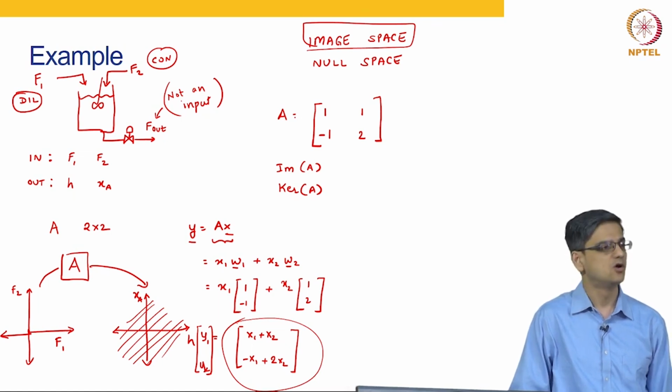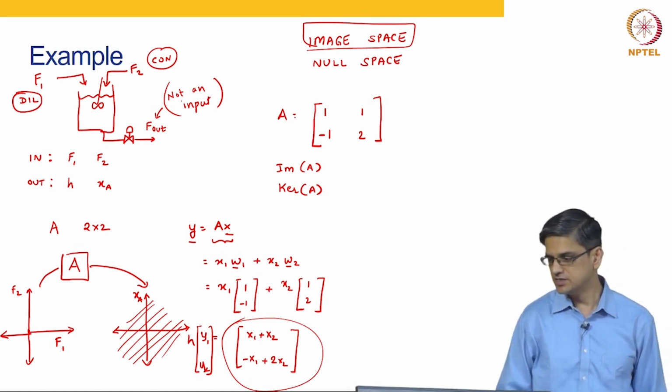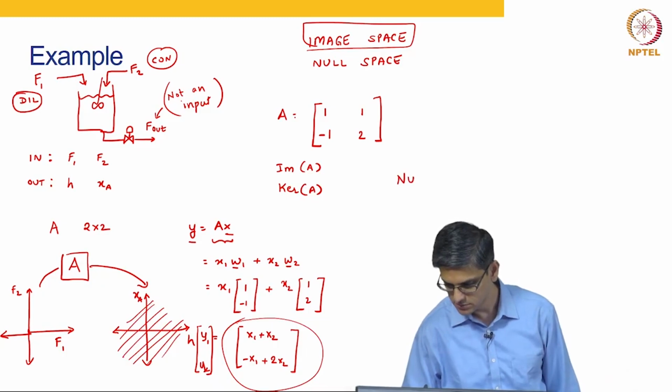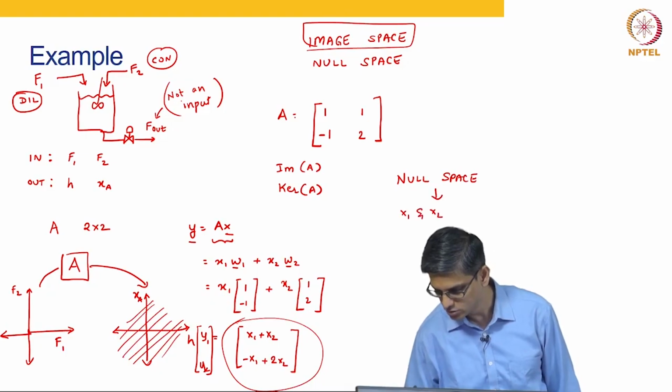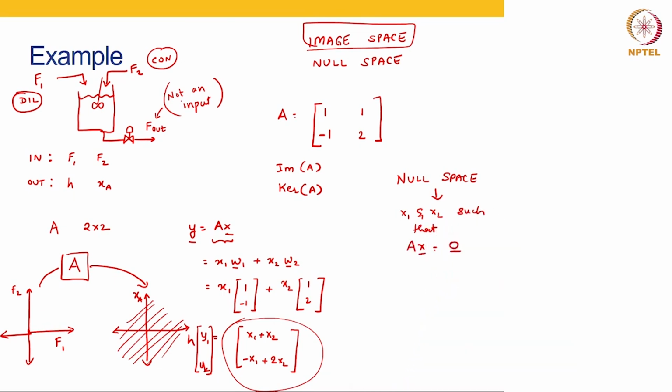Okay. What is the null space of A? Null space is defined as x1 and x2 such that A x bar is 0 bar, which basically means simultaneously you want to satisfy x1 plus x2 and minus x1 plus 2x2 equal to 0, 0.